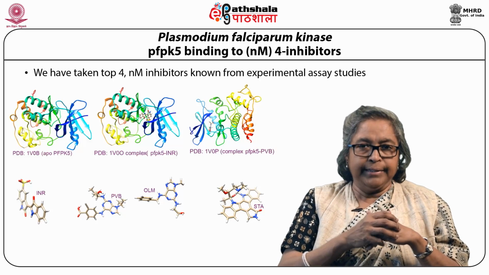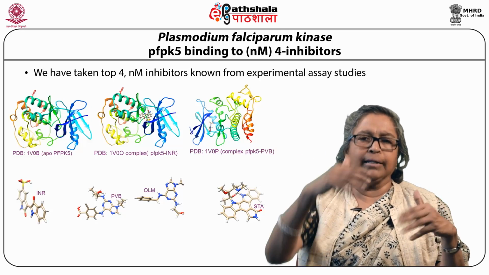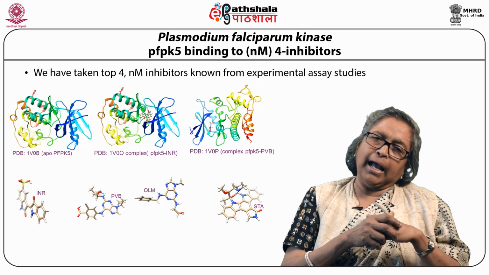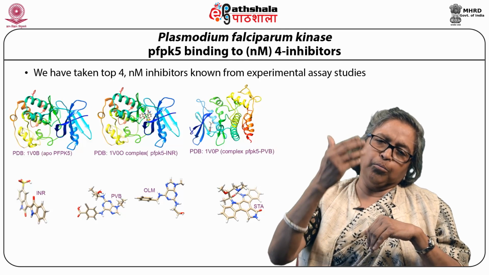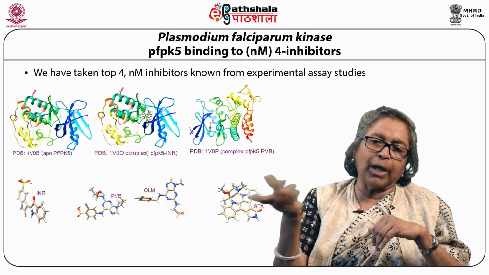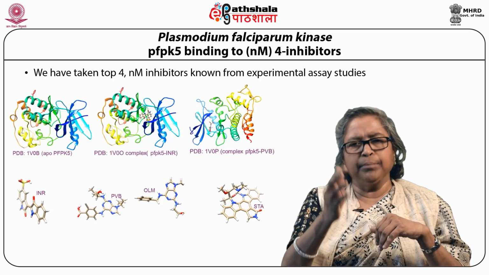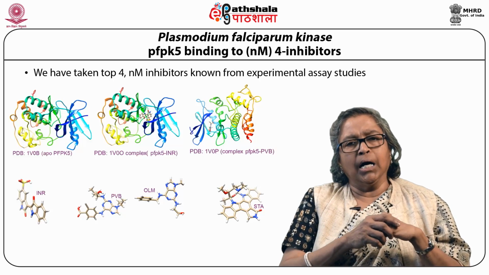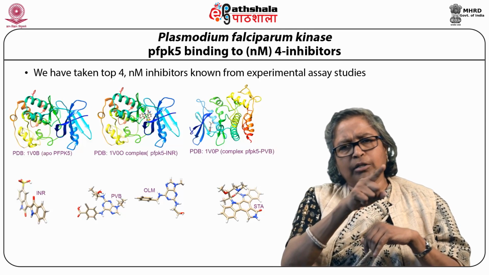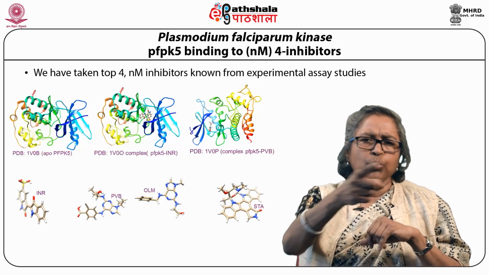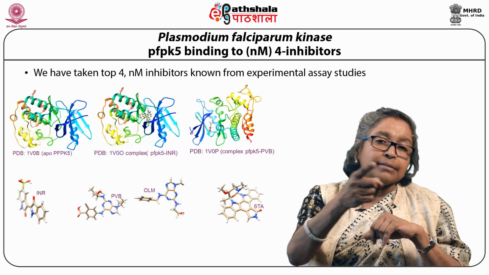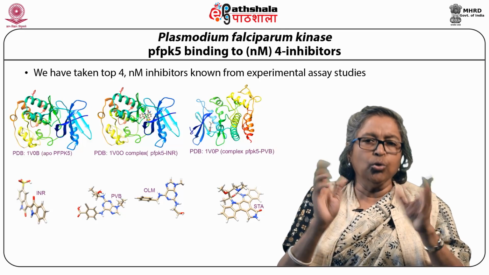We also used, for all the 4 inhibitors and the protein, molecular simulation trajectories to calculate the enthalpy using both MMPBSA and MMGB methods. On the top row, you can see the crystal structure of the molecule.